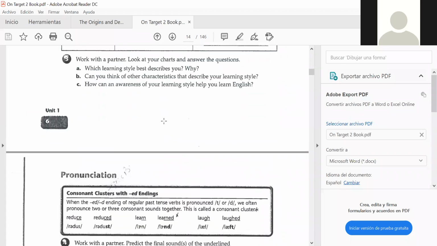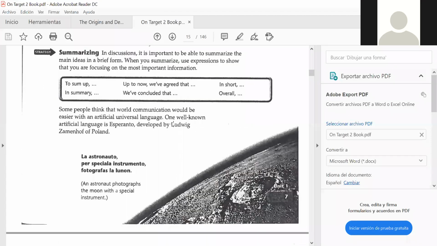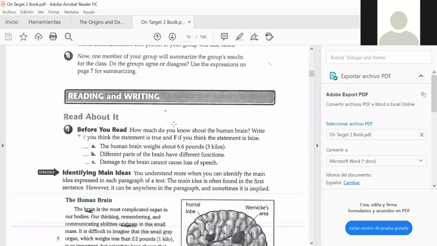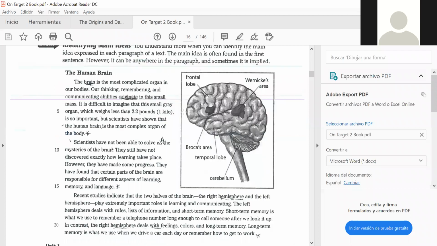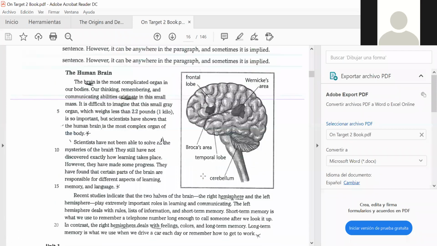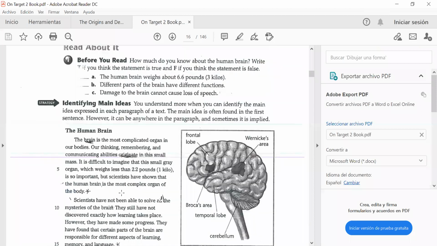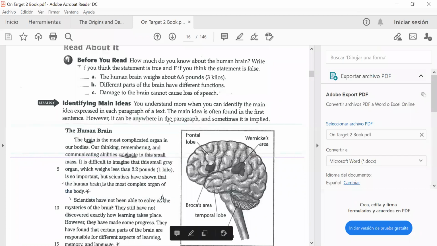Now look, you're gonna have a homework, and I'm giving you the homework now because I don't want to forget. The homework that you're going to have is you need to study page number 8. You see, page 8. And there is an article about the human brain. You see, this is the human brain. Now, I'm going to give you a few questions, okay?